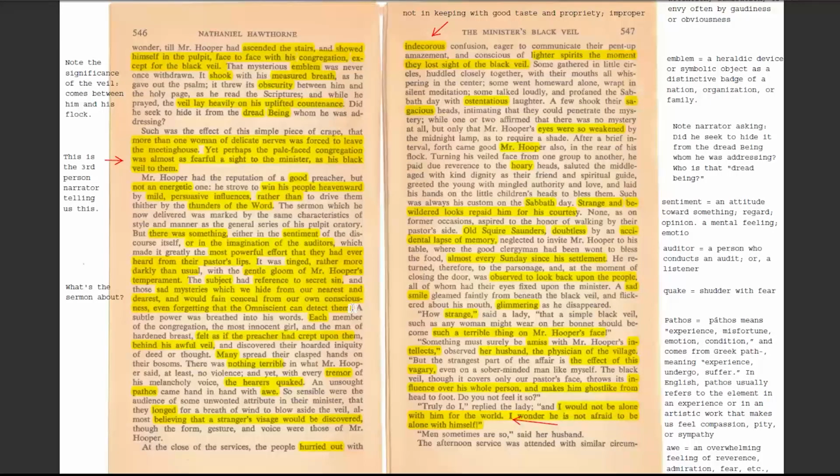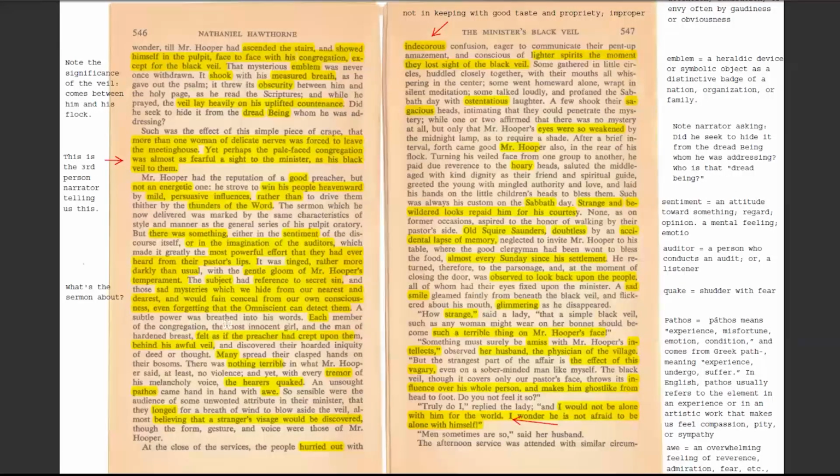Secret sin, secrets, not just sin, but mysteries we hide from our nearest and dearest. Think about this for a moment. Is there stuff you don't want anybody to know about you? I want you to think about this, because that's what this story is about.